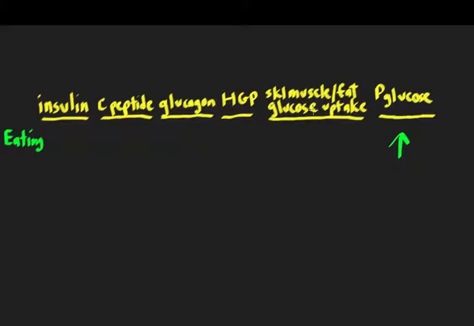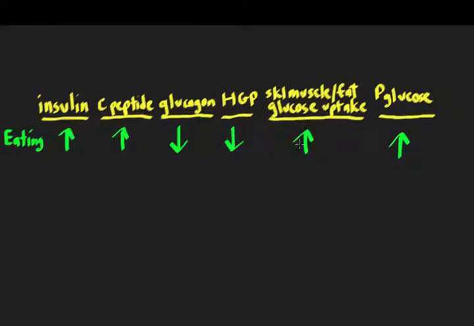Insulin and C-peptide would go up. Now, if insulin goes up, we know glucagon goes down. And if insulin and glucagon are in this sort of profile, we know glucose production by the liver is going to go down. And skeletal muscle and fat are going to be inserting those glucose transporters in the membrane, and glucose uptake is going to go up.